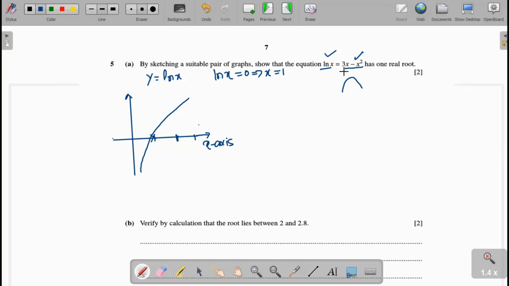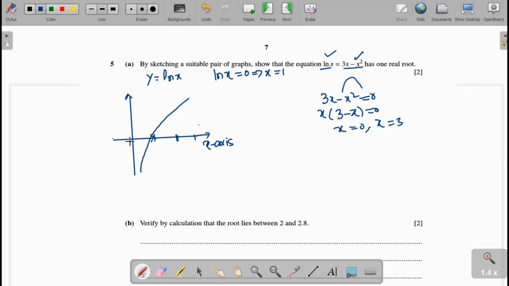Now we find the roots of the graph by 3x minus x squared equal to 0, and from this we can calculate the points where the graph intersects the x-axis. We take x as common, x(3 minus x) will be equal to 0, so x equal to 0 and x equal to 3.